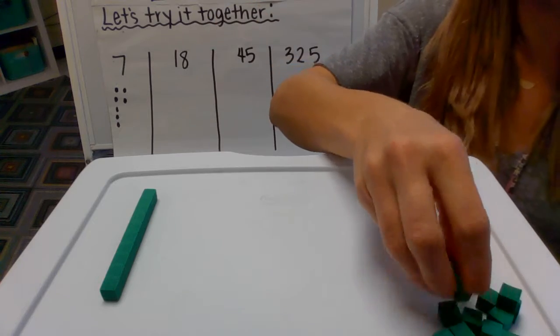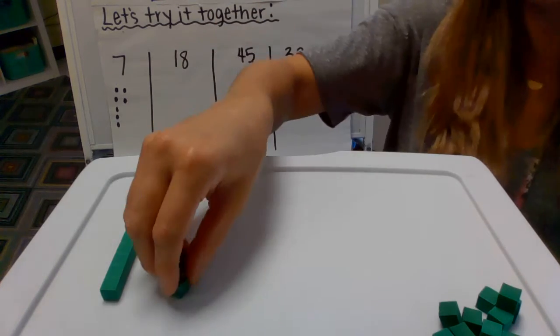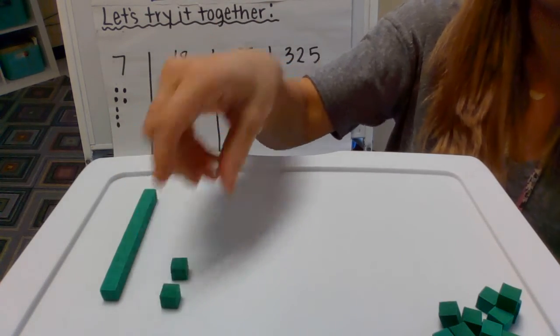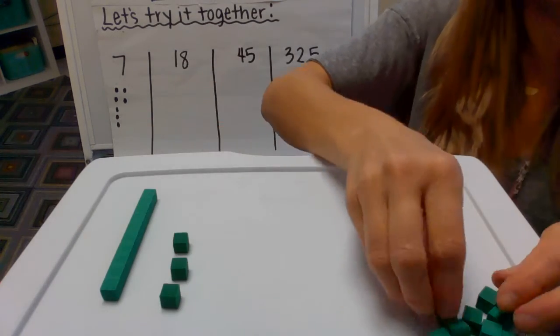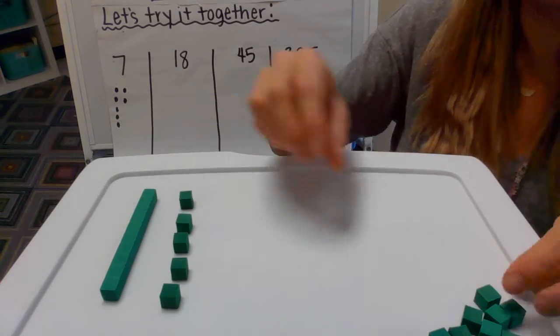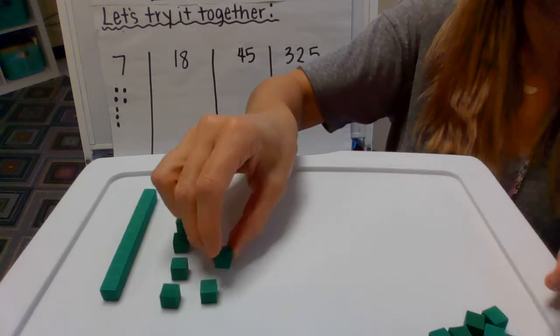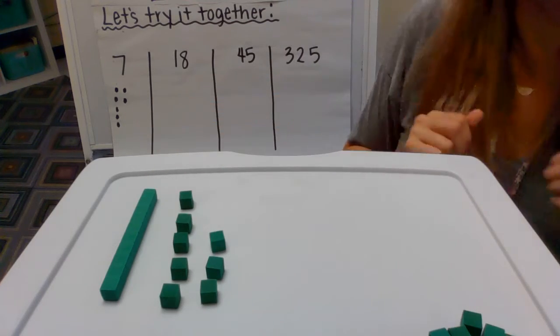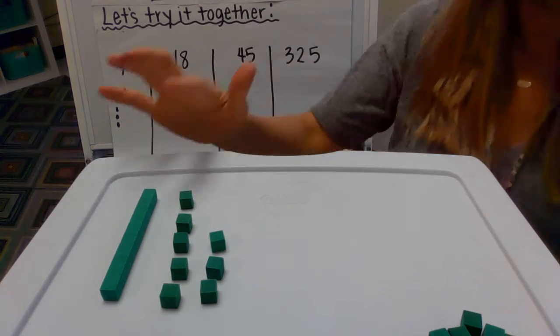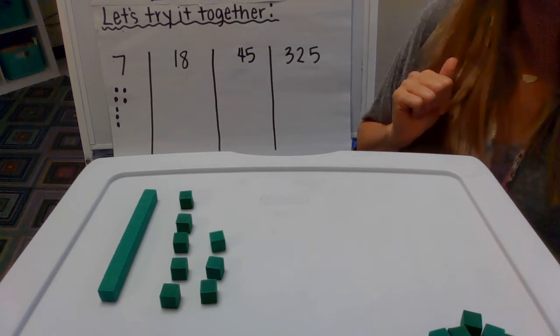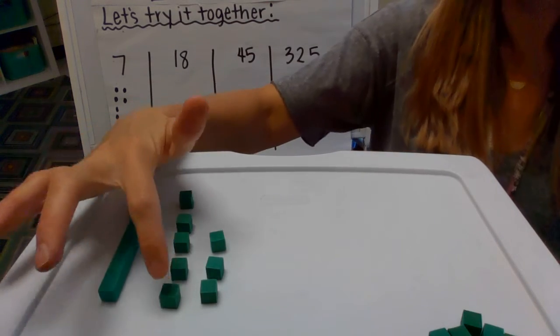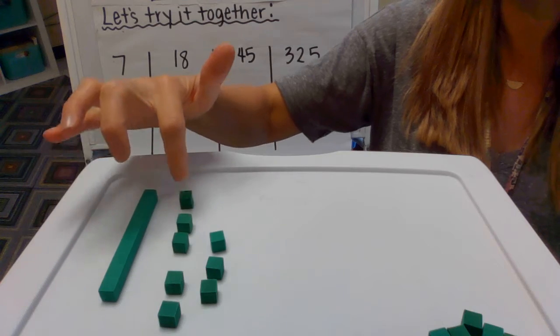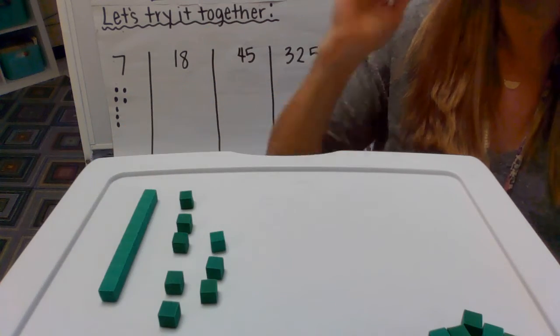So we need to count out 8 of our ones. 1, 2, 3, 4, 5, 6, 7, 8. Now we have built the number 18. The way that I would count it would be 10, 11, 12, 13, 14, 15, 16, 17, 18.